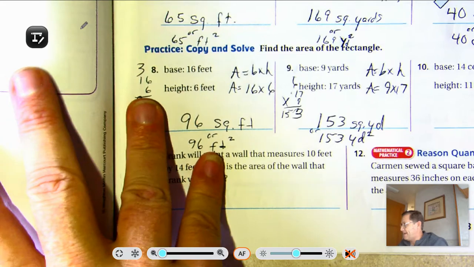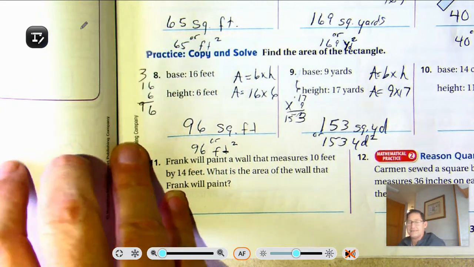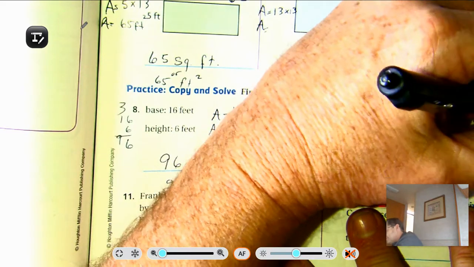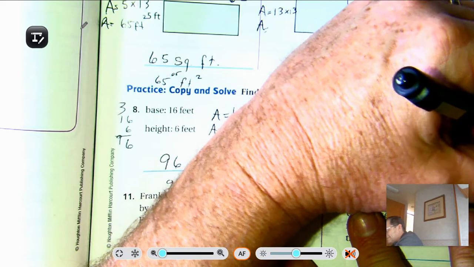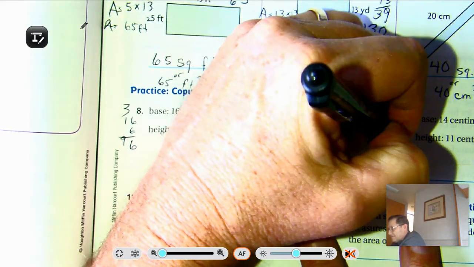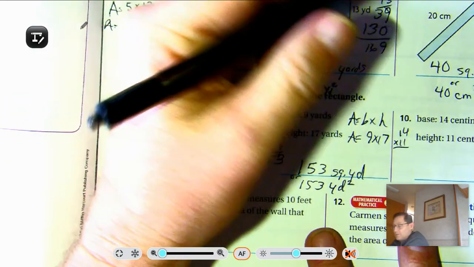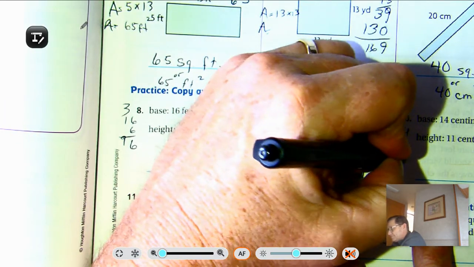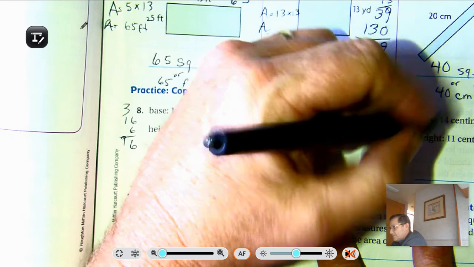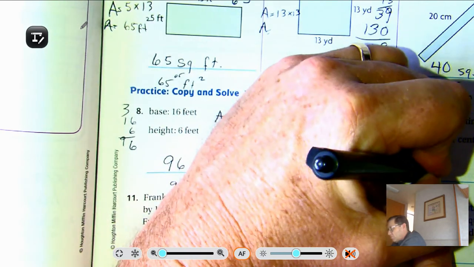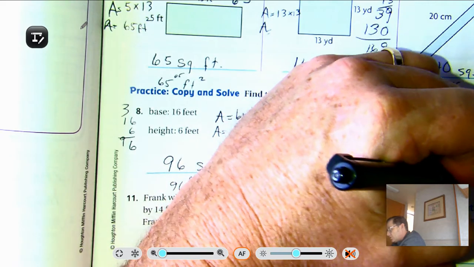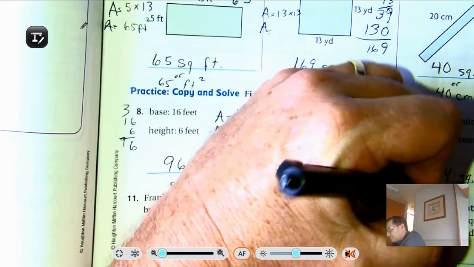All right, number 10. Base of 14 and a height of 11. So what is 14 times 11? Well, 1 times 14 is 14. 10 times 14 is 140. So 154 square centimeters.